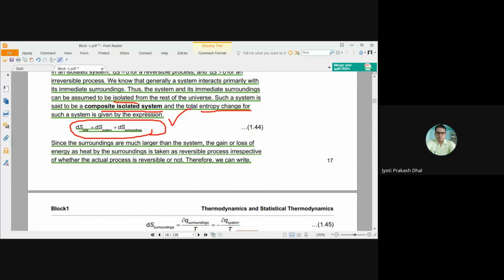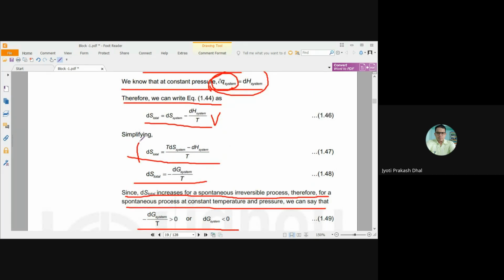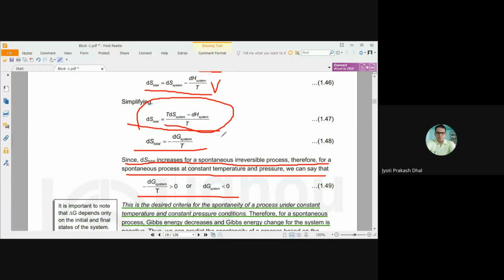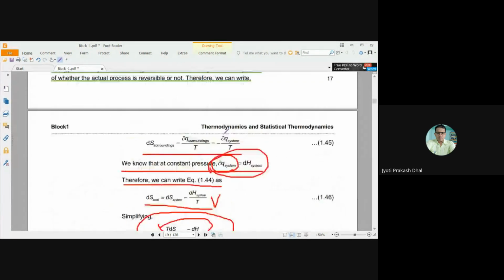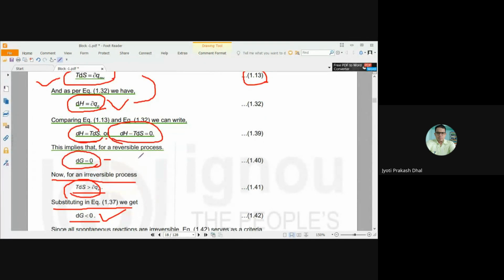And hence again we can write expression 44. So dS total equals dS system minus dH system divided by T. That means in place of dq system by T, we are putting dH system by T. Simplifying, dS total equals TdS system minus dH system by T. Rearranging, TdS minus dH is nothing but minus dG, because we have already defined a new function dG equals dH minus TdS.